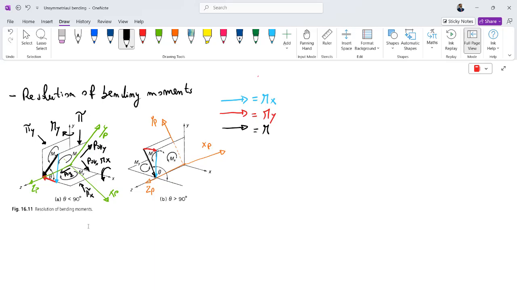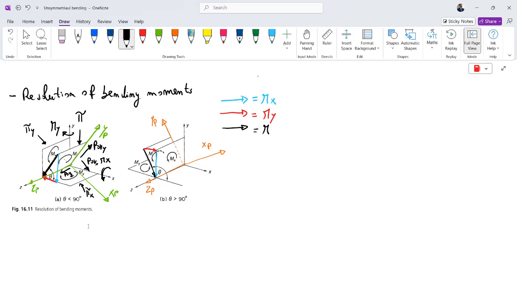Note that zp, the axis of the reference frame xp, yp, zp, is coincident with the axis z of the beam, but the other axes have a certain angle theta with respect to the previous axes y and x.